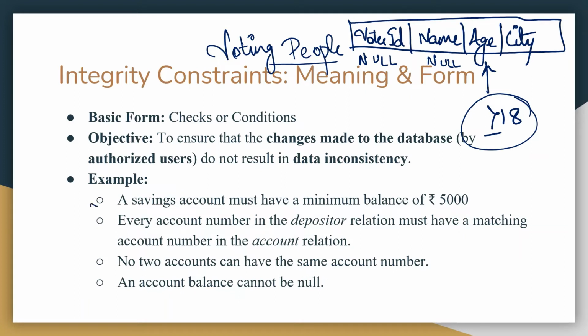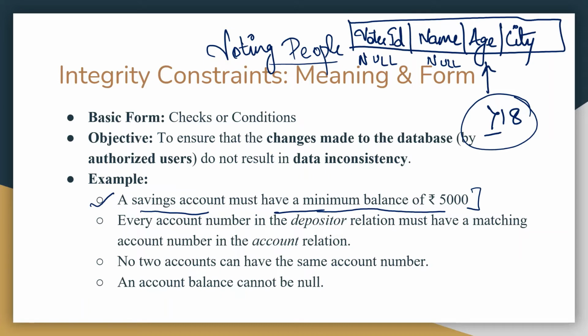So we have: a savings account must have a minimum balance of rupees 5,000. Now, this can also be an integrity constraint which an account manager may think of applying. If the bank has the minimum balance limit of rupees 5,000 for savings accounts, then they can just put this as a constraint in the database.